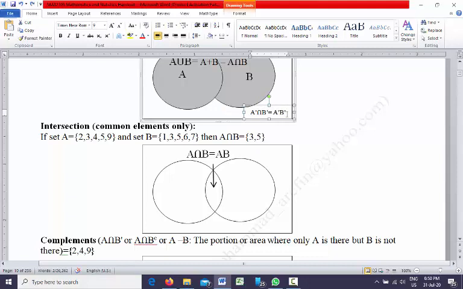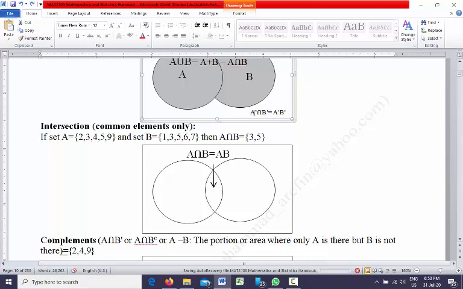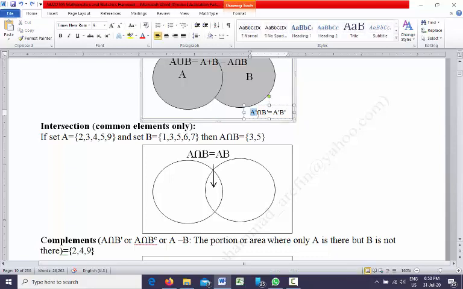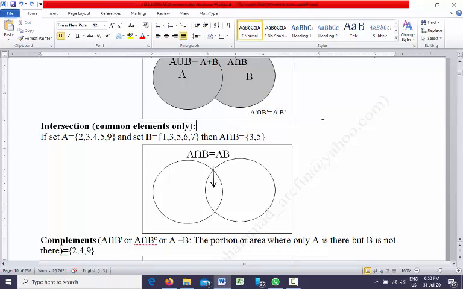That means the white portion inside the rectangle where A is not there and B is not there, that means A prime, and B is not there, that is B prime. So in short we can write A prime B prime.